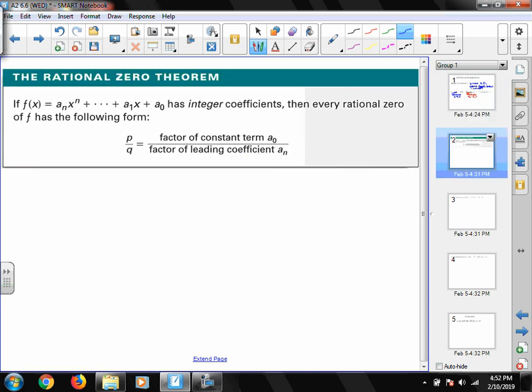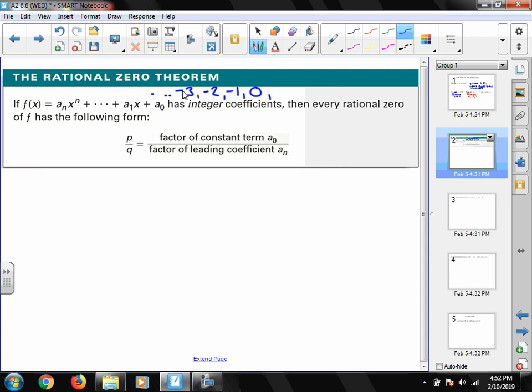Now, it's not a coincidence that this happened this way. This is actually what we call the rational zero theorem. If you have a polynomial function that has integer coefficients, remember integers are all of your negatives, -3, -2, -1, and that extends farther back.